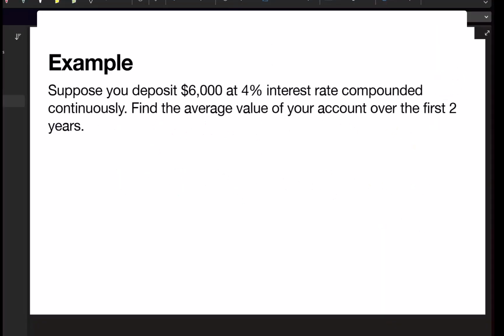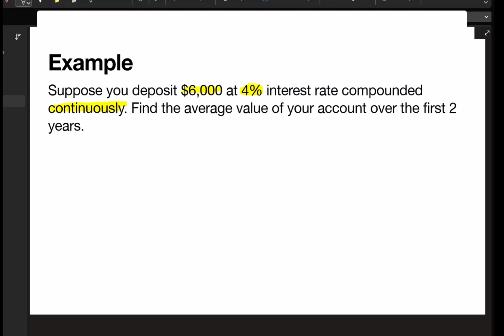All right, now we have our last example. Suppose you deposit $6,000, 4% interest, compounded continuously, and we want to find the average value over the first 2 years.